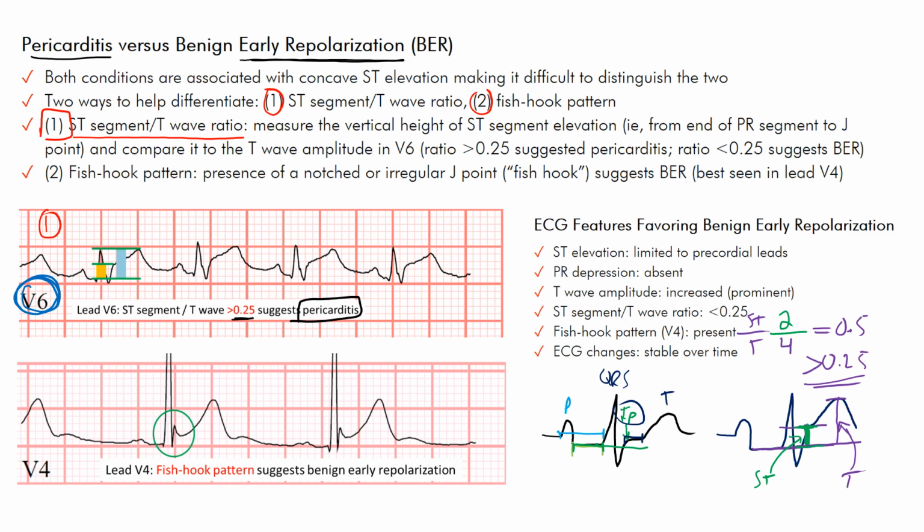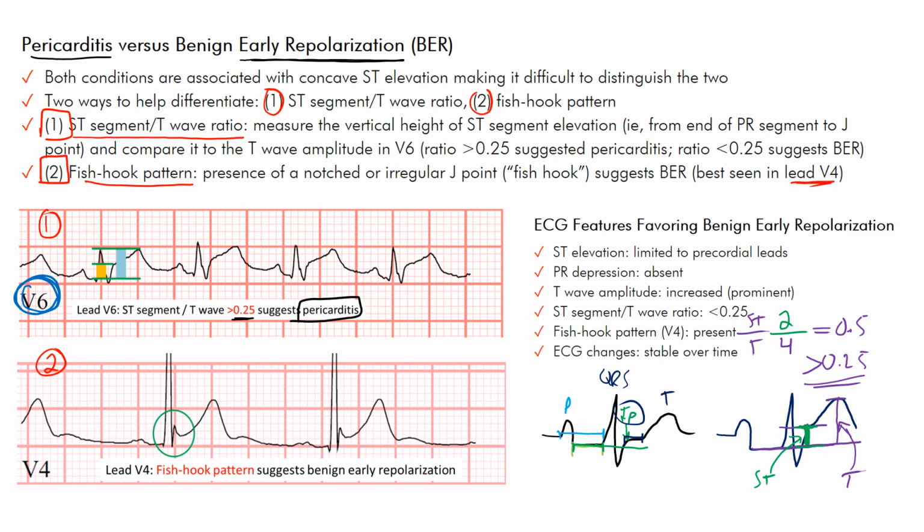Now there's another way that suggests benign early repolarization, and that's called the fishhook pattern. That's this number 2. So now we have the fishhook pattern, and that's this one down here. If you see a notched or irregular J point, or what we call a fishhook, this suggests early repolarization. And this is best seen in lead V4.